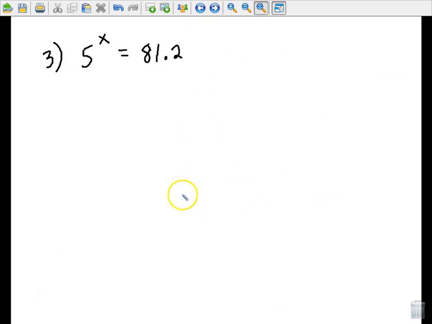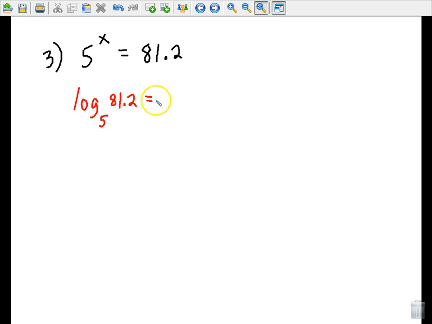Okay, let's try another one. This is number 3 off of that same page. This is an exponential equation, so I need to change it into log form. In log equation form, this is going to be log base 5, where 5 is the base, of 81.2 equals our exponent.